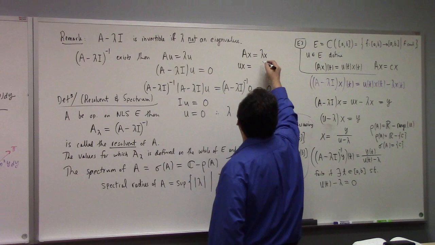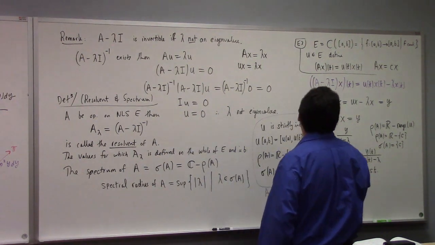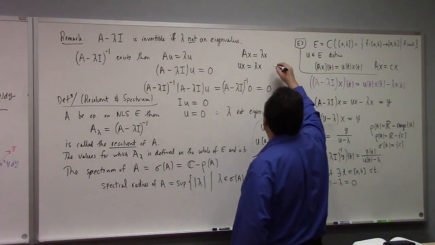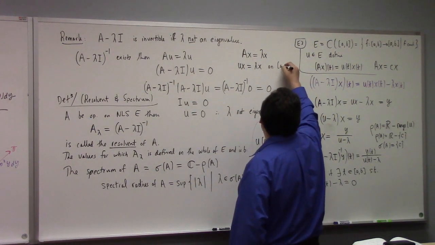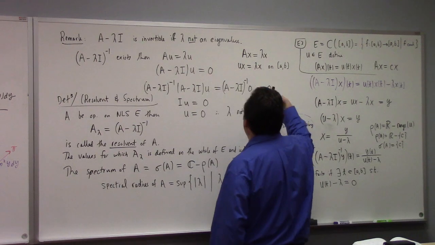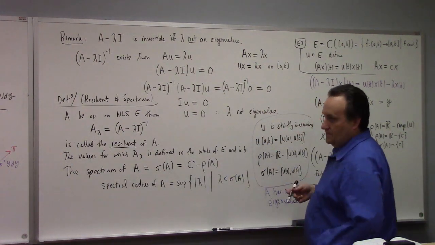Equal to lambda X. And that has to hold on AB, right? This has to be a function identity.